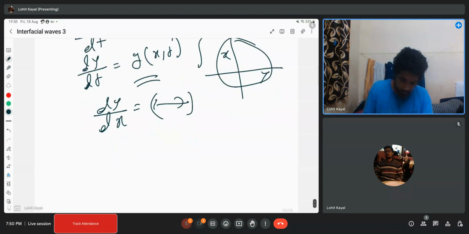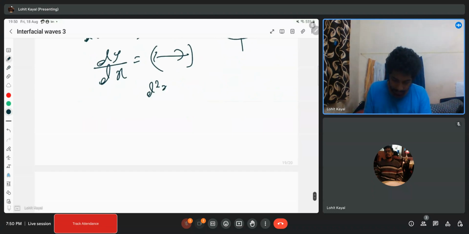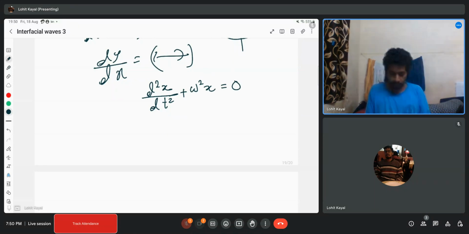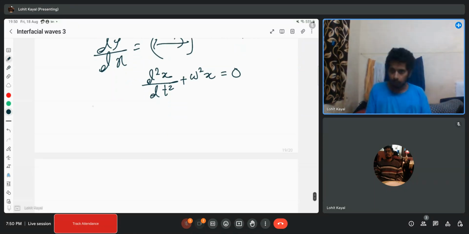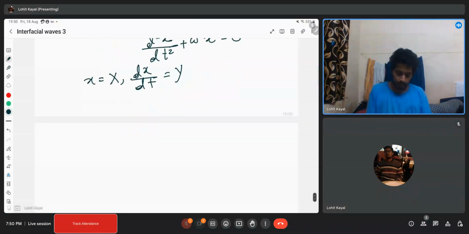Okay, so if you have an equation like this, d square x dt square plus omega square x equal to 0, what is the phase portrait? So how to do that? Suppose x equal to capital X and dx dt is equal to capital Y. So we need at least two equations, right?